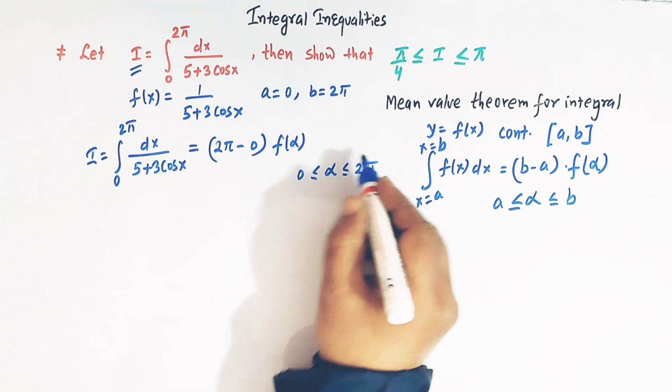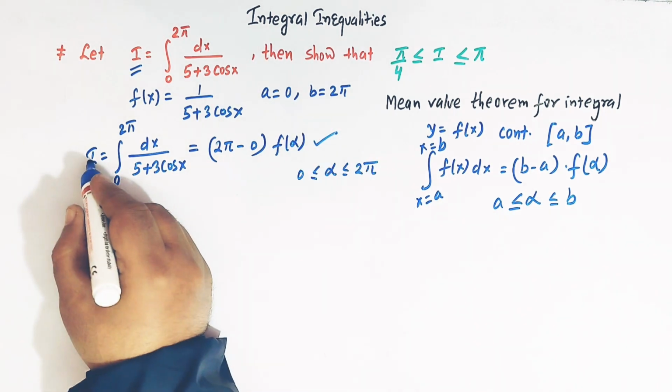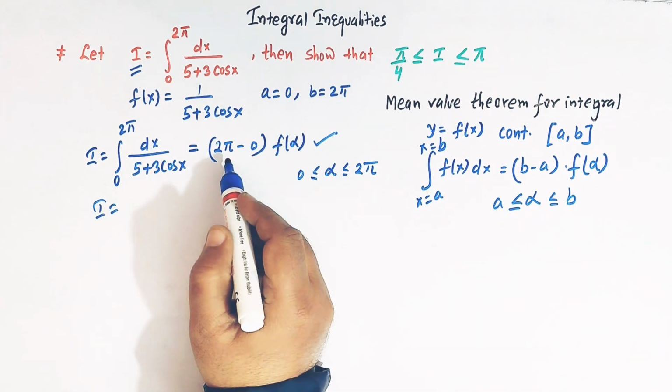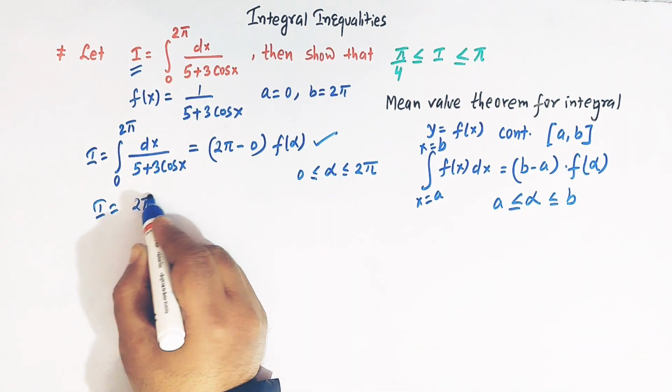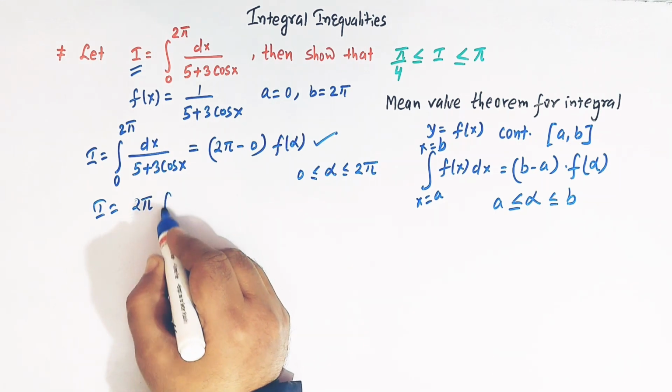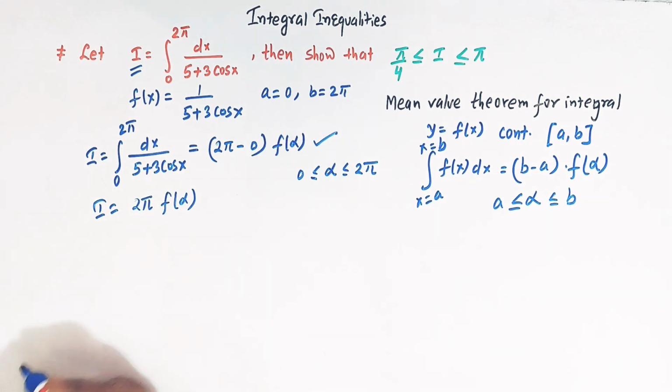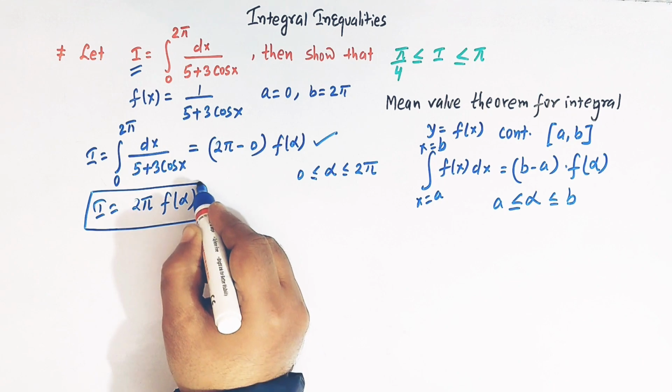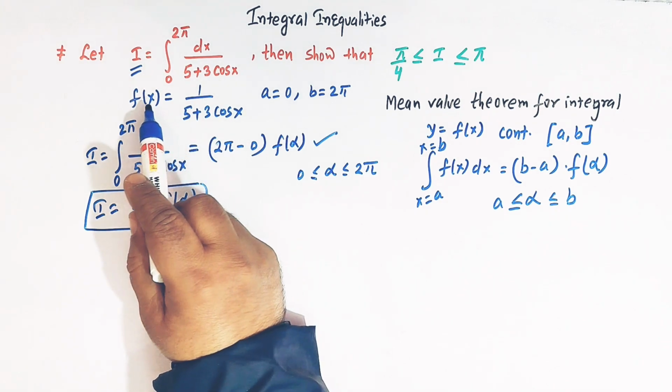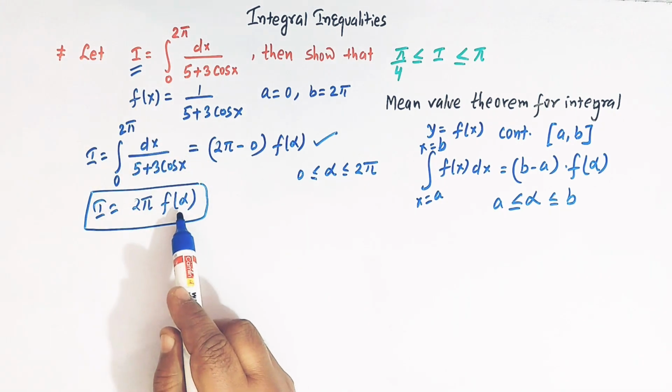So now we have this expression. We can write I equal to 2 pi minus 0, which is 2 pi, times f of alpha. Now f of alpha can be written by replacing x by alpha.